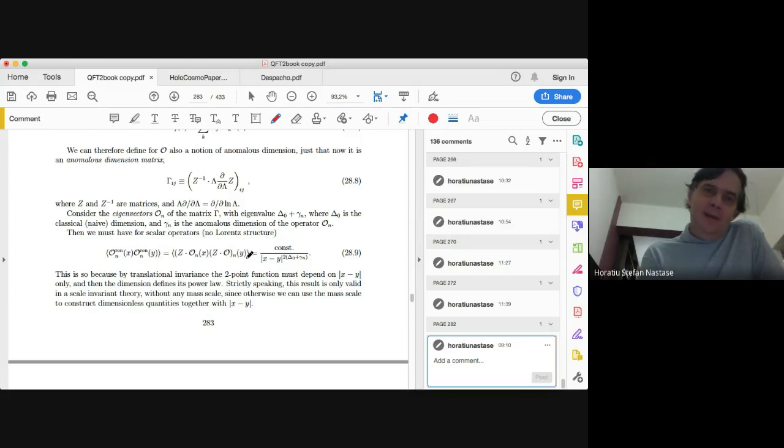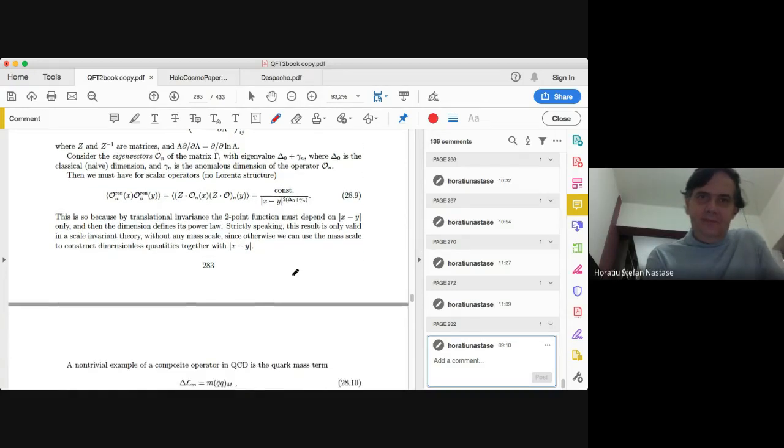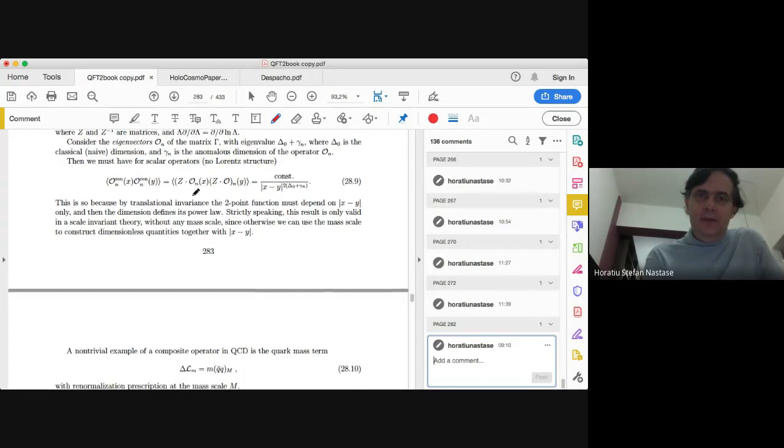So then that means that this should have the dimension 2, there are 2 operators, times the classical dimension delta 0 plus gamma n. So since it should depend on x minus y, it should be some constant divided by x minus y to the power 2 times delta 0 plus gamma n. The dependence on x minus y is from translation invariance, of course.